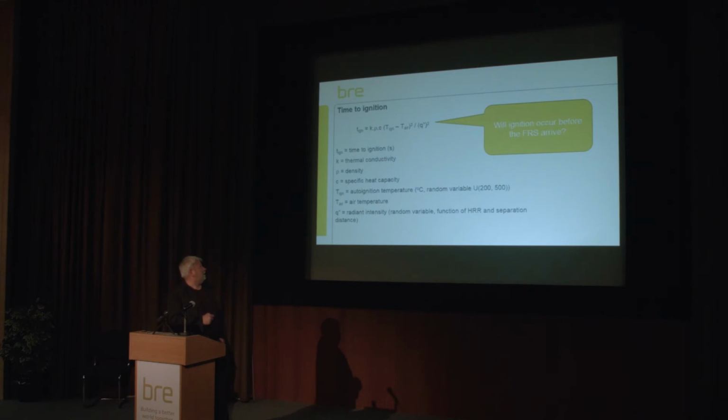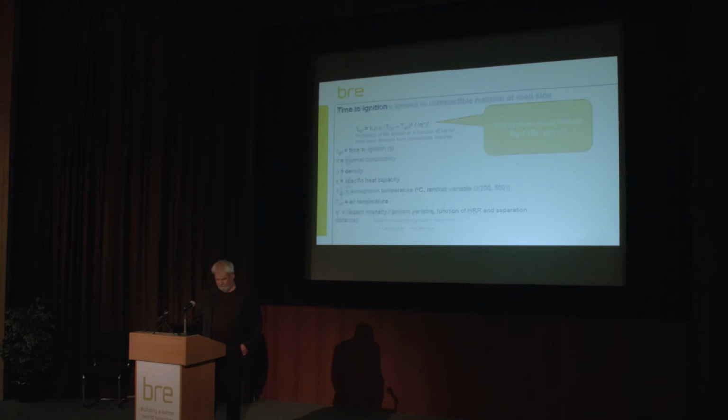So the time to ignition depends on these material properties, the auto-ignition temperature of the material, the air temperature, and then the incident radiation flux. The auto-ignition temperature was something that seemed to be rather variable, anywhere between 200 and 500 degrees. So we represented that by a random variable.